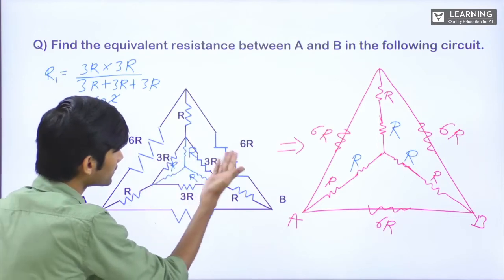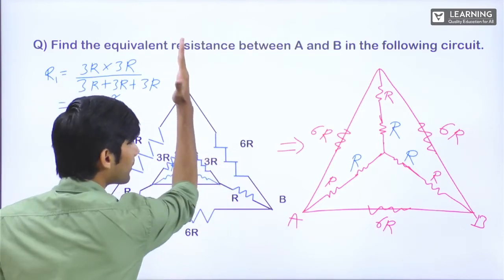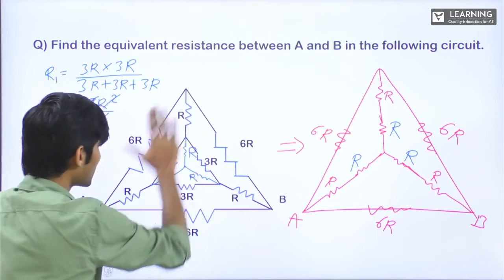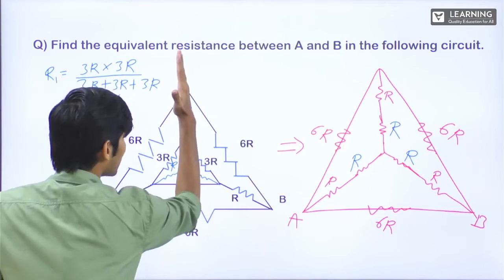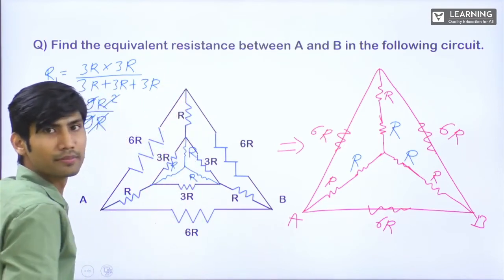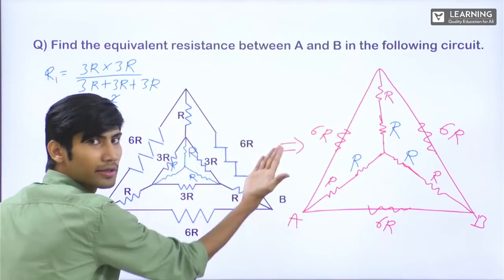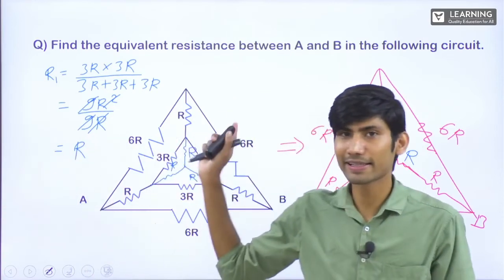This is 3R, this is 3R, right? This is R, this is R. If I keep a mirror like this, let's say this is one part, half I have made. If I keep a mirror like this, this same part will be reflected this side, right? There is a symmetry. Same part is reflected this side. So since there is a symmetry, we can solve this question in 10 seconds. I'll tell you the way.